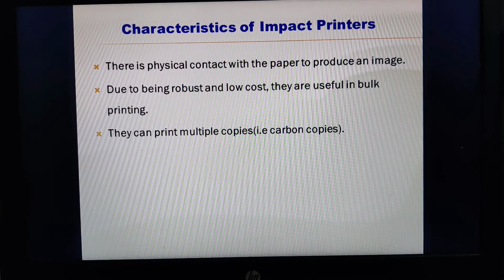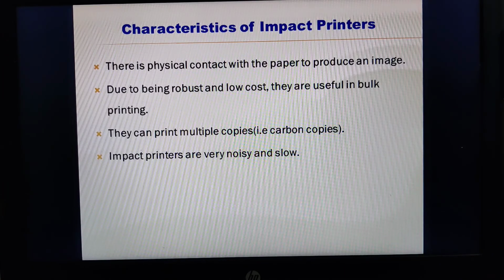That means using these impact printers, you can generate a lot of carbon copies. These impact printers are very noisy because of the striking mechanism, and they are also very slow compared to non-impact printers.